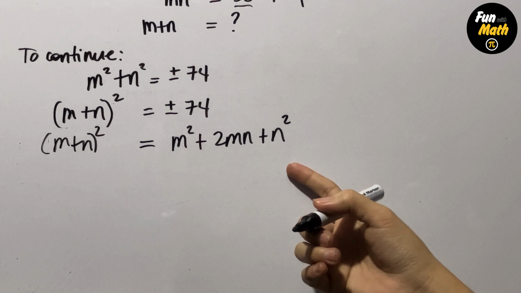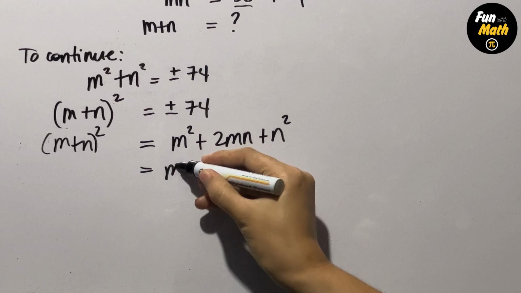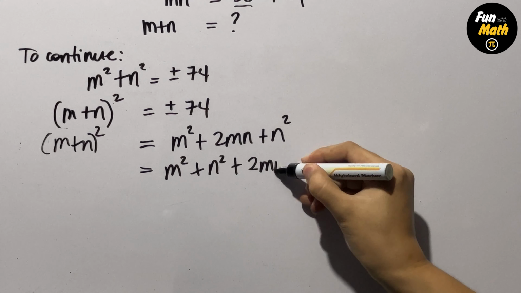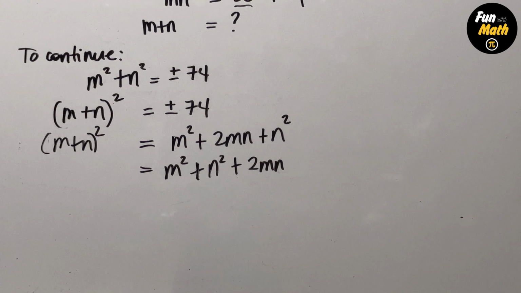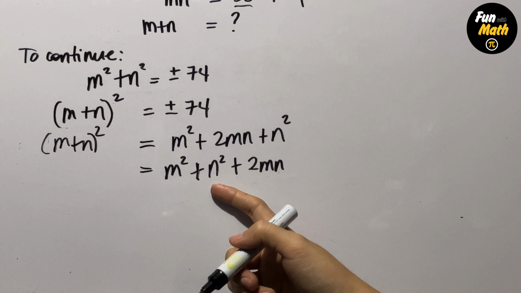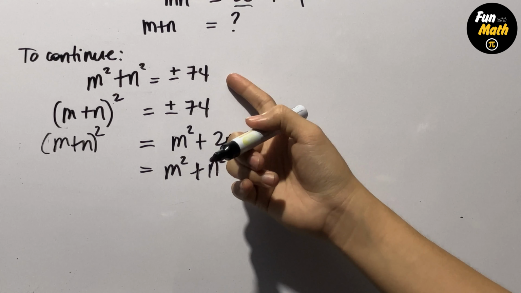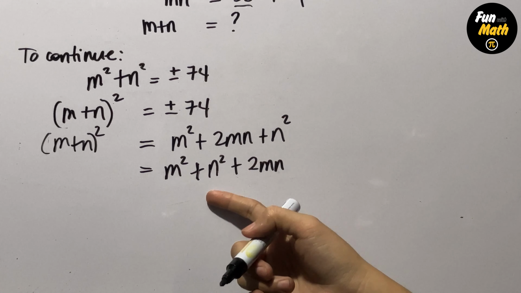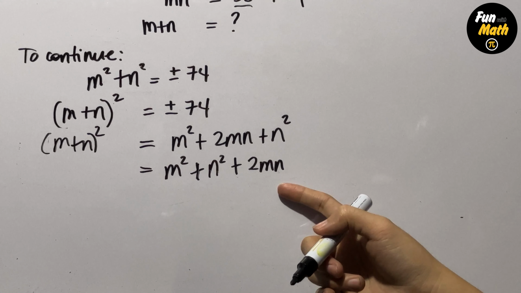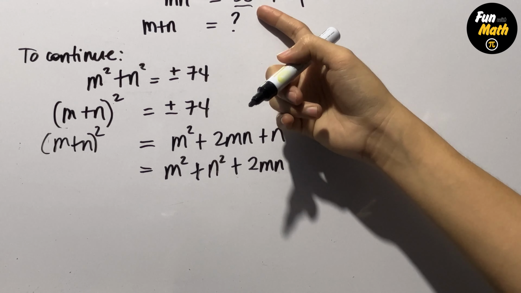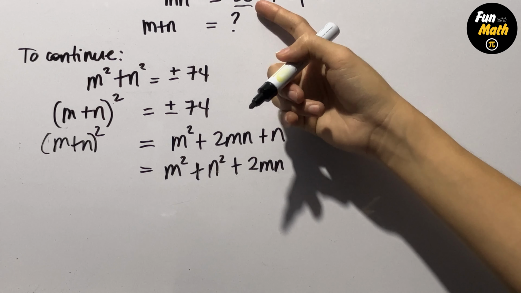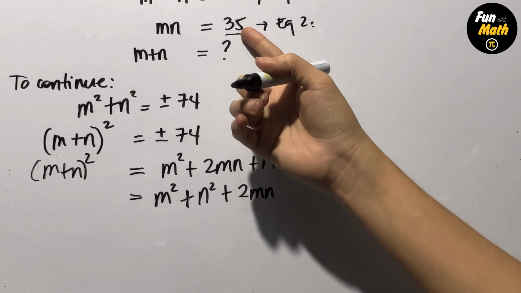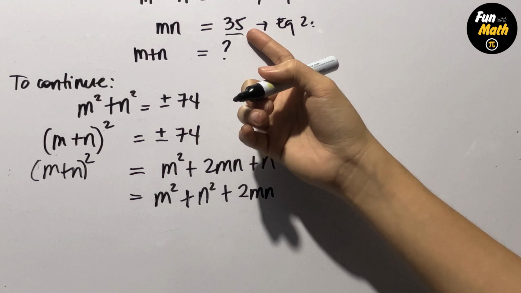And we can arrange this. That is m squared plus n squared plus 2mn. And then m squared plus n squared, we have the value for this, which is positive negative 74. And we can substitute this here. And for mn, we have the value which is equal to 35. And we can substitute this here.